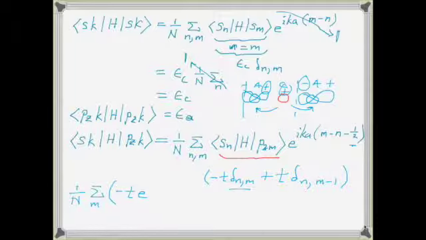So I have e to the minus I Ka over 2. And for this other case, n equals m minus 1, I'm going to get plus t times e to the plus I Ka over 2.